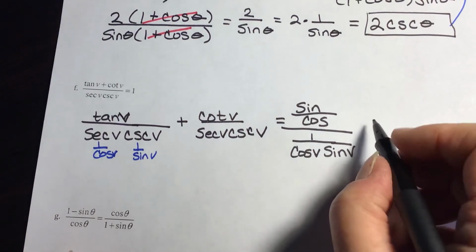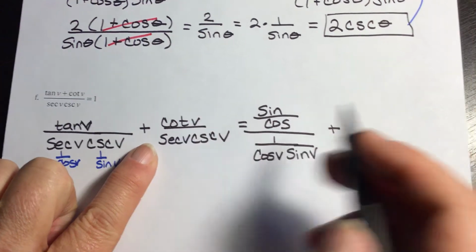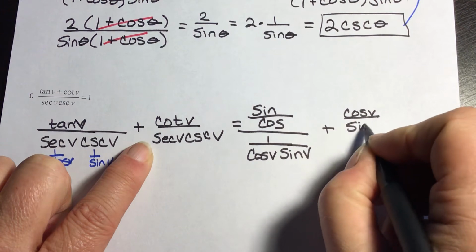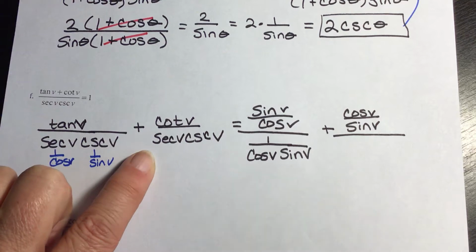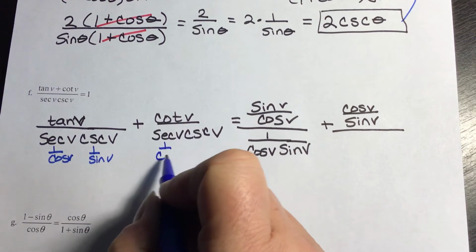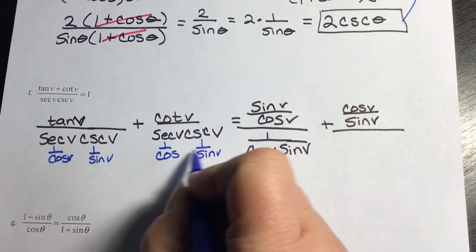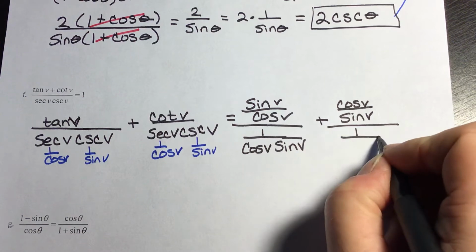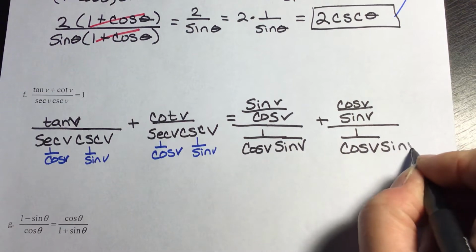And for the second term, I have cotangent, which is cosine of v over sine of v. And I still have 1 over cosine and 1 over sine as my denominator. So I'm still dividing by 1 over cosine v sine of v.